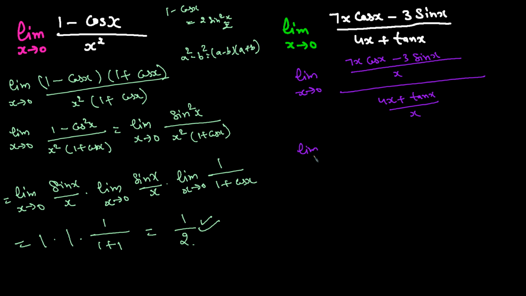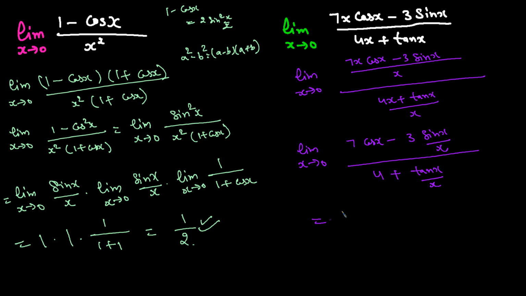So limit as x approaches 0. In the numerator we have 7 cos x minus 3 sin x over x, because this x will cancel out this x. And in the denominator we have 4 plus tangent x over x.